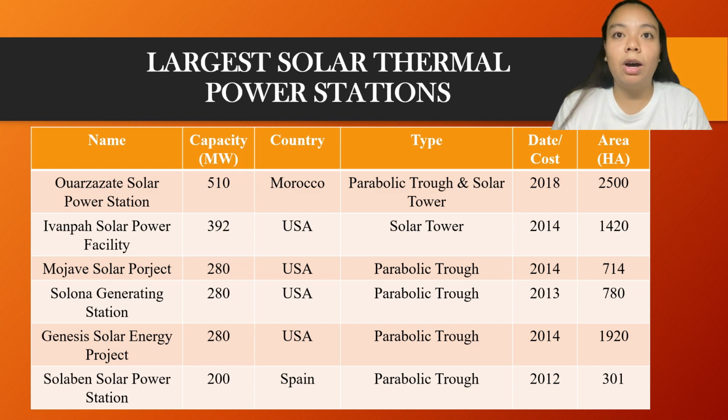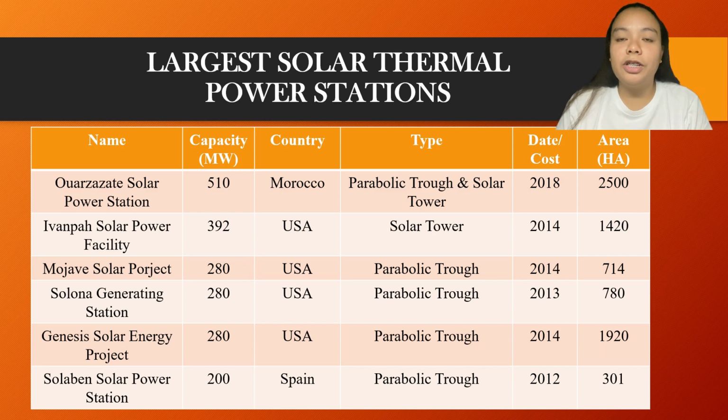The third one is the Mojave Solar Project, which has a capacity of 280 megawatts, located in USA, and is a parabolic trough type, dated 2014, with an area of 714 hectares. Fourth one is Solana Generating Station, which has a capacity of 280 megawatts, also located in USA, and is a parabolic trough type, dated 2013, with an area of 780 hectares.